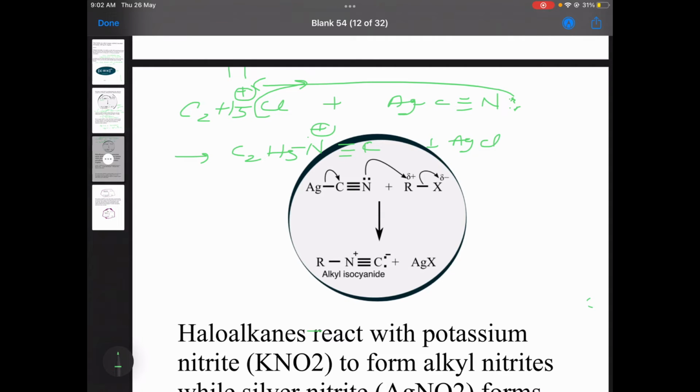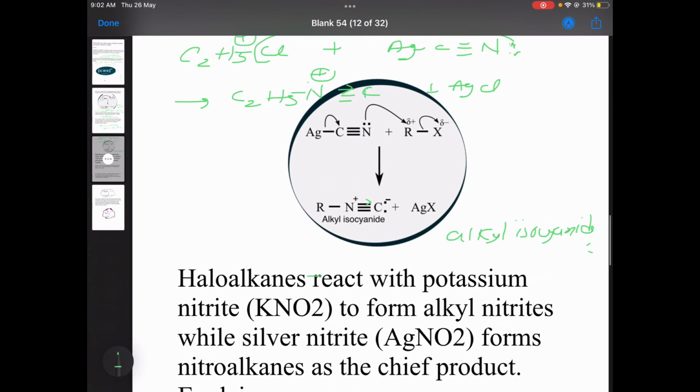Since the lone pair of electrons is donated, that will form a coordinate bond. So it forms a coordinate bond over here, and this is an alkyl isocyanide.